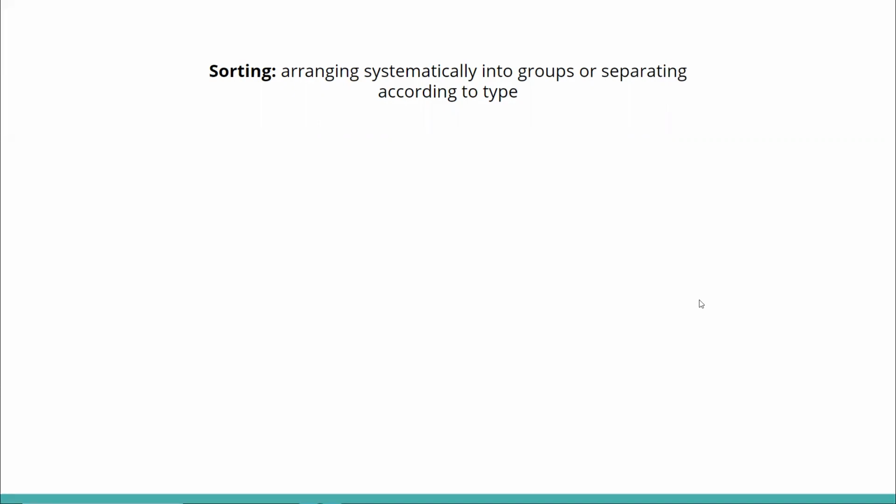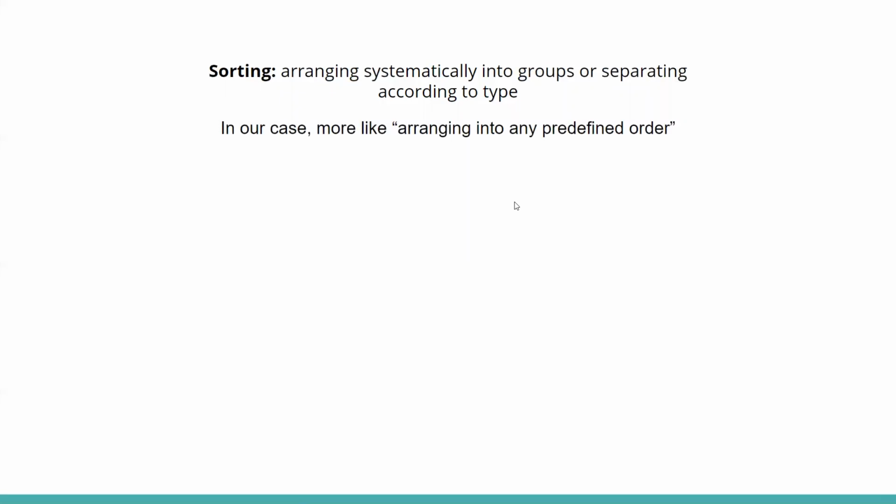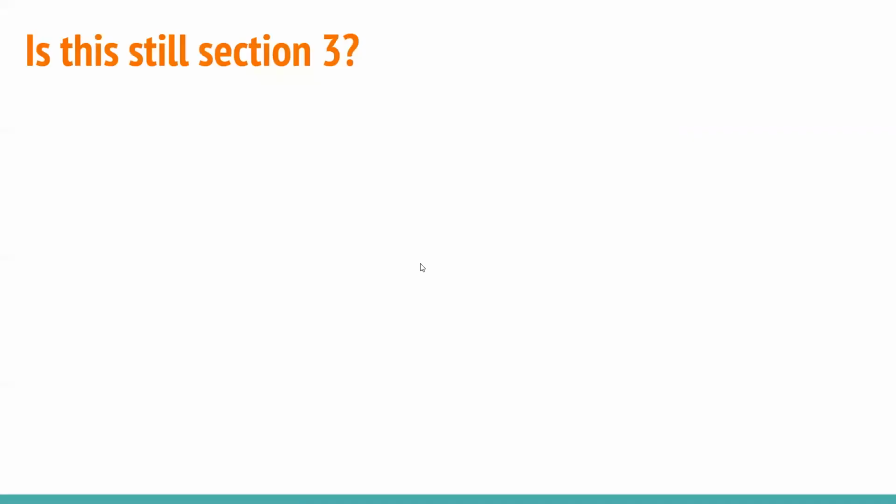Sorting just means arranging systematically into groups, or separating according to type. For computer science, that definition doesn't really serve us as well. In our case, it's more like arranging into a predefined order. Arranging into any predefined order is what we mean by sorting.